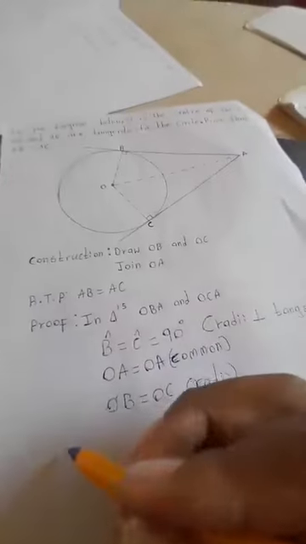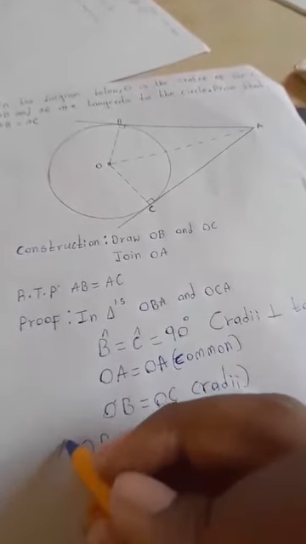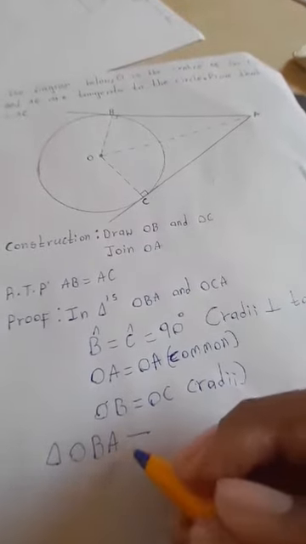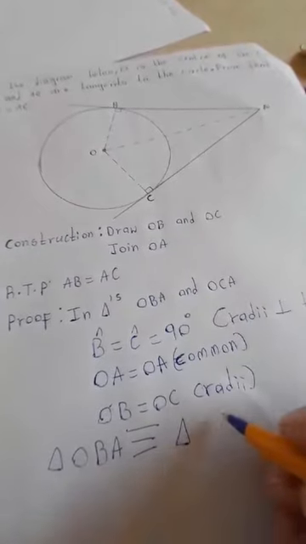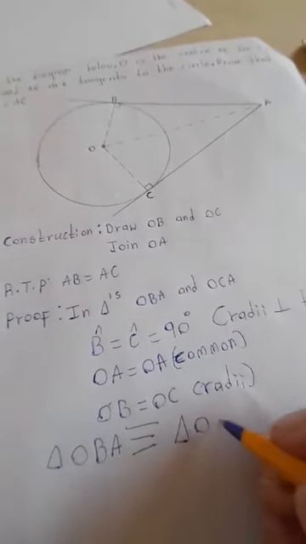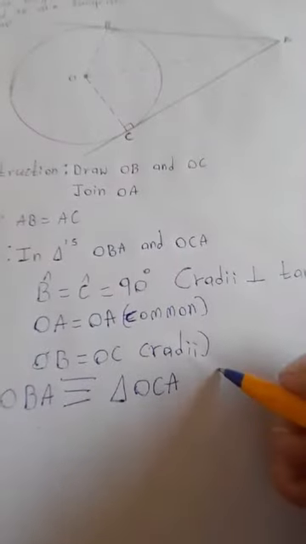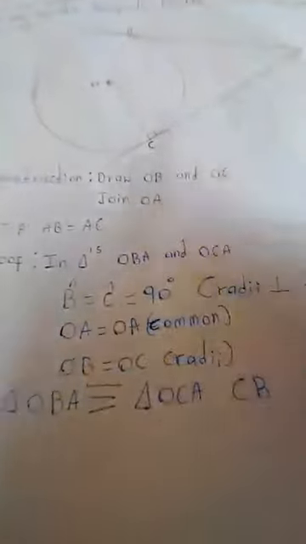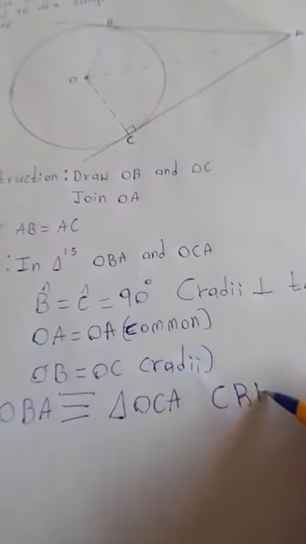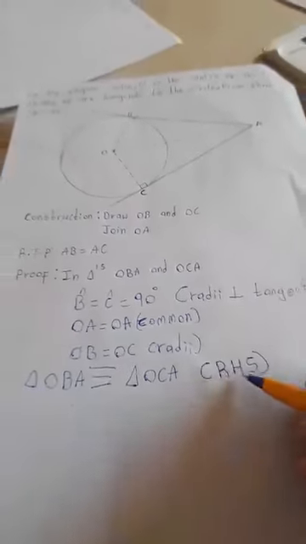We can conclude that triangle OBA is congruent to triangle OCA. The reason is that we have a right angle, we have the hypotenuse side, and we have another side.